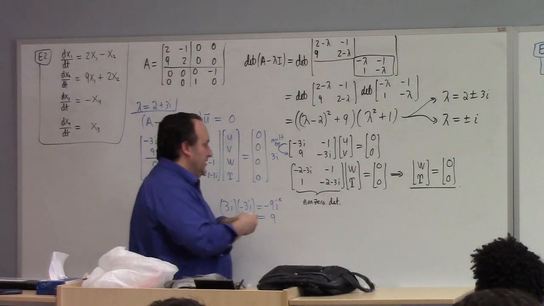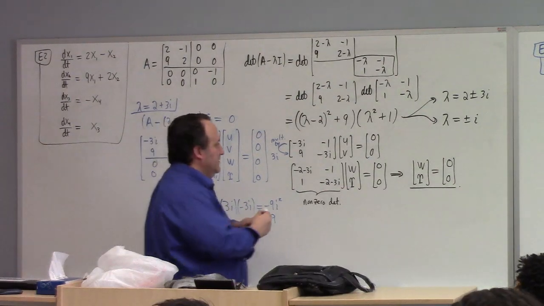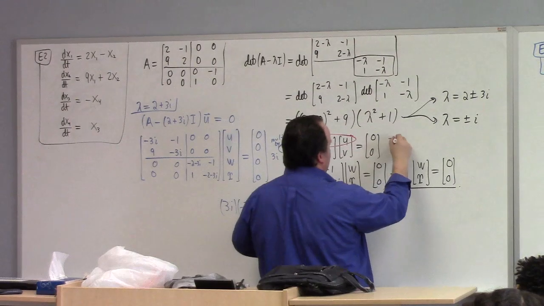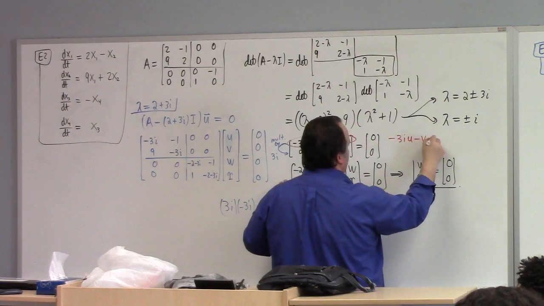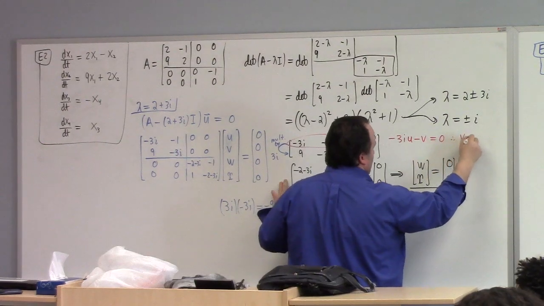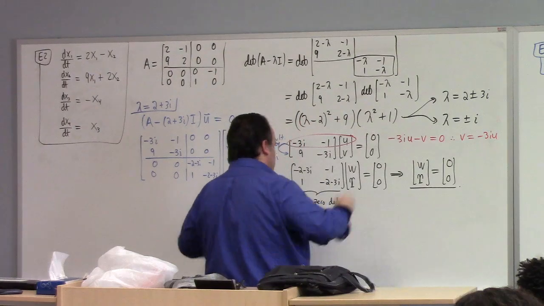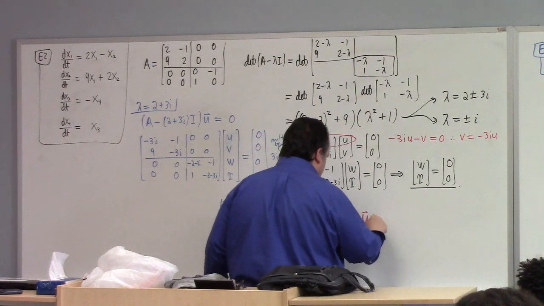So good news, we can just focus our attention on the first one, right? And that tells me what? That tells me minus 3i u minus v equals 0. V apparently is minus 3iu. Put this all together, we've got our u1 vector.